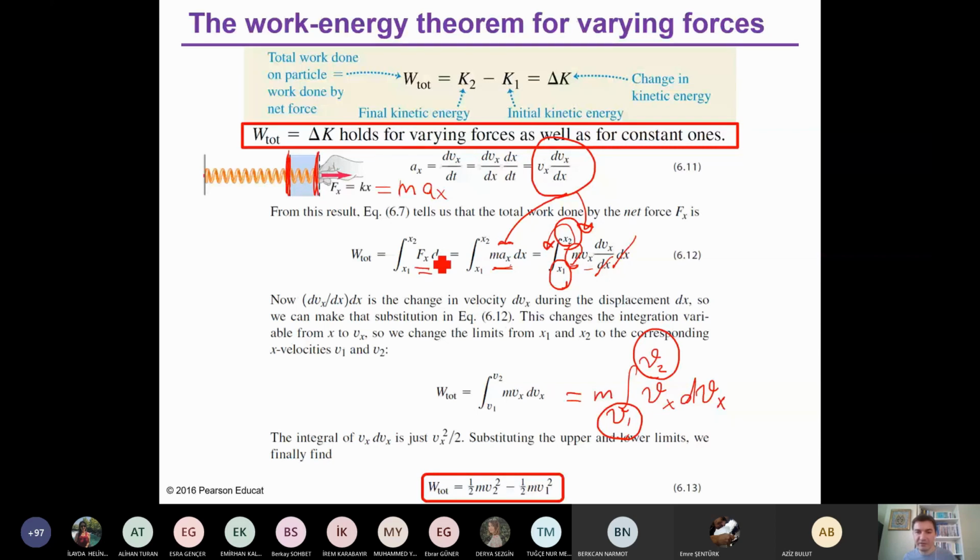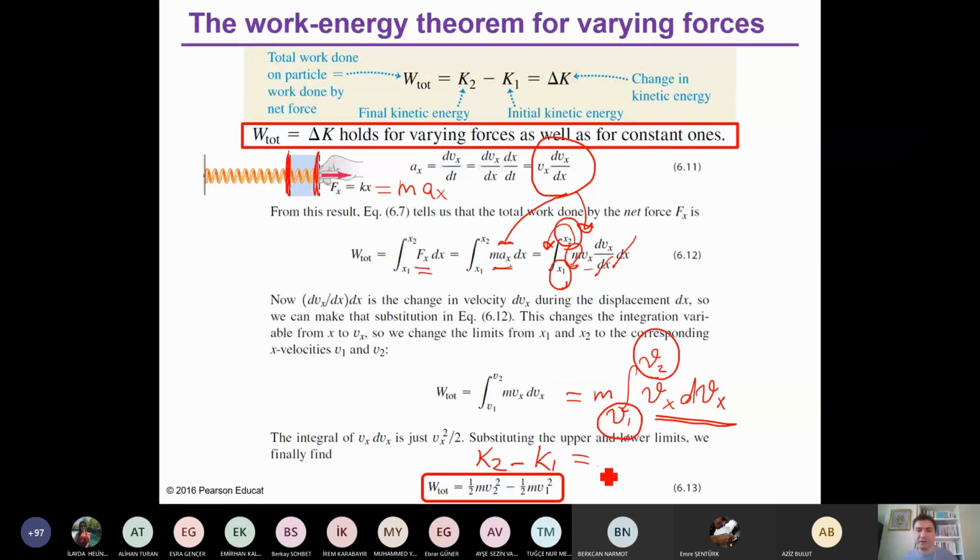So if you solve this integral, you will get this expression, 1/2 m v2 square minus 1/2 m v1 square. So this is the final kinetic energy of the particle. This is the initial kinetic energy of the particle, and it is equal to delta K. So this is the W total.